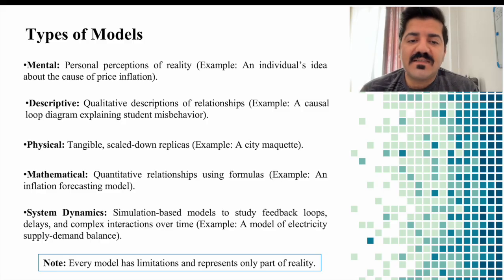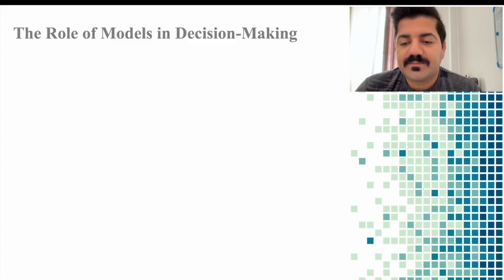Now, understanding these differences helps in choosing the right model for a given problem. And I should say again, every model has limitations and represents only part of reality. Models are tools, useful but incomplete representations of reality.